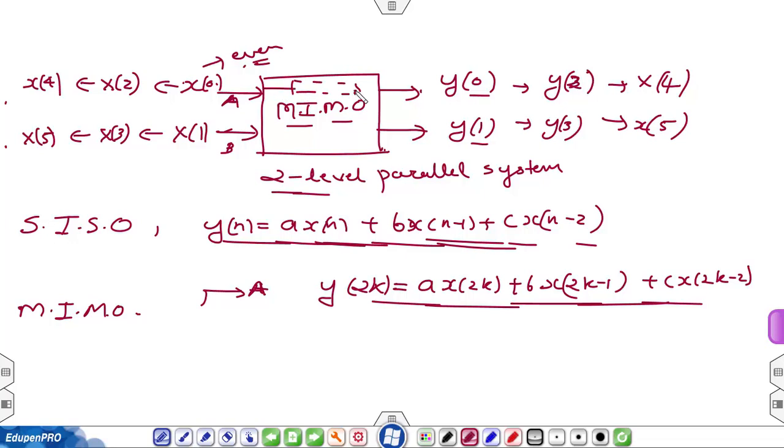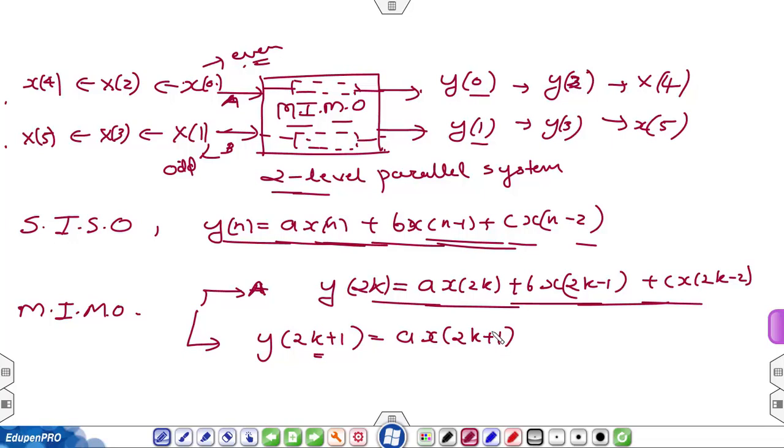This is one SISO system inside this, and for this system which is processing odd number of samples, I can write y of 2k plus 1, an odd number, equals a of x 2k plus 1 plus b of x 2k plus c of x 2k minus 1.